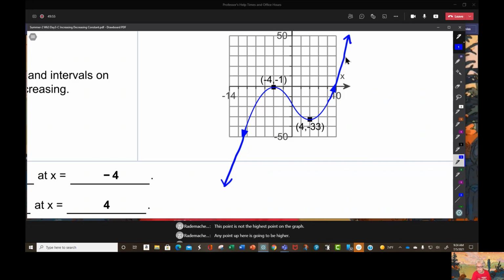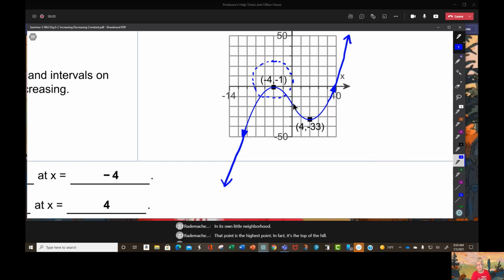But, if you can imagine, in its own little neighborhood, that point is the highest point. In fact, it's the top of the hill.